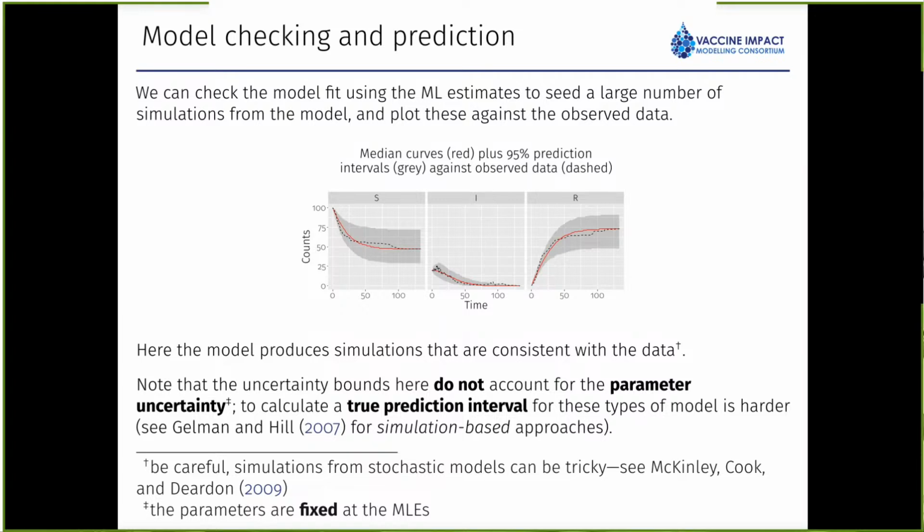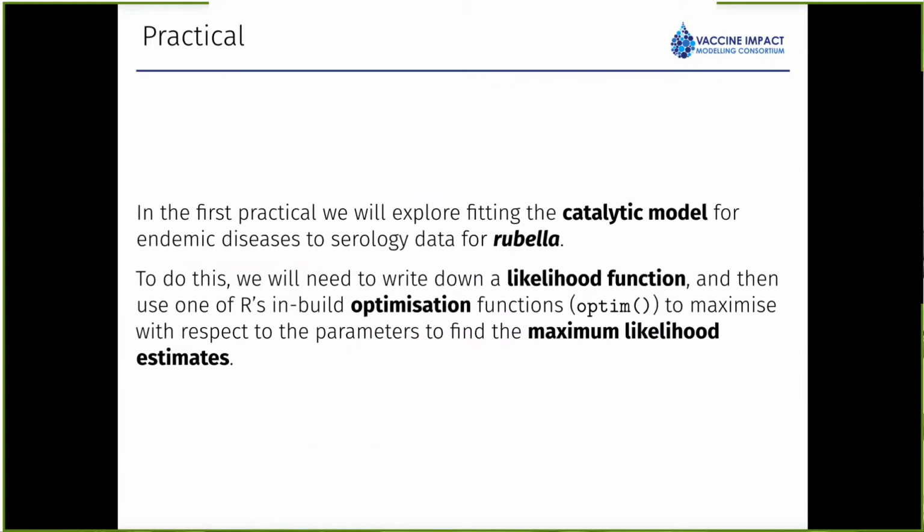Everybody happy? Yeah? Cool. So that's a very lightning introduction to maximum likelihood estimates. In the practical later on today, what you'll do is fit the catalytic model that John introduced earlier to some data from Rubella, and we'll use maximum likelihood to do that.